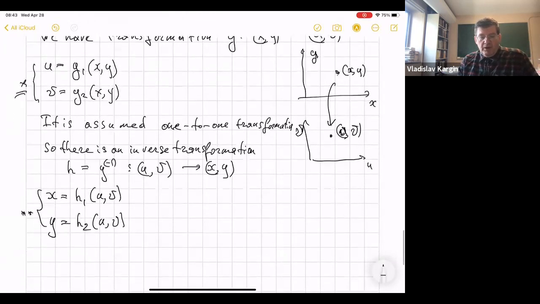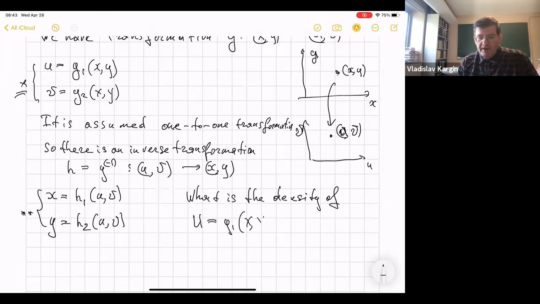Now our question here will be: what is the density of u equal to g1 of x, y? This was just a description of a transformation.